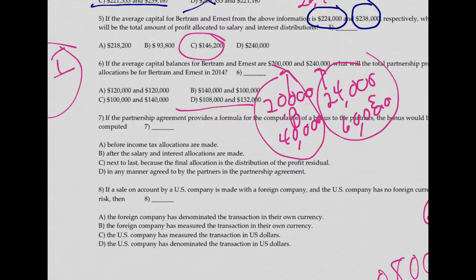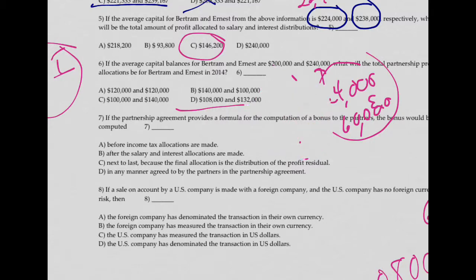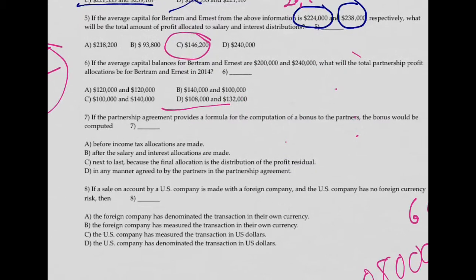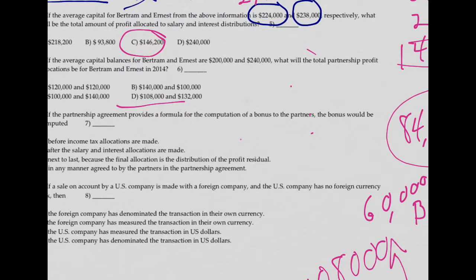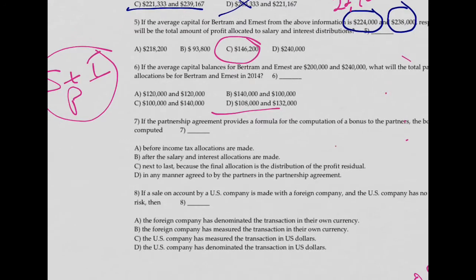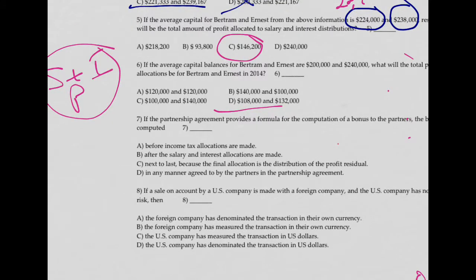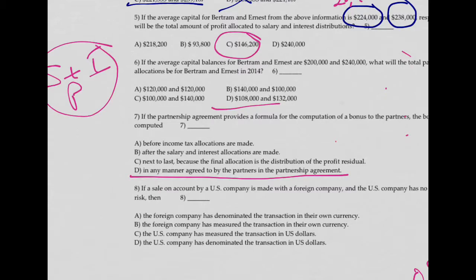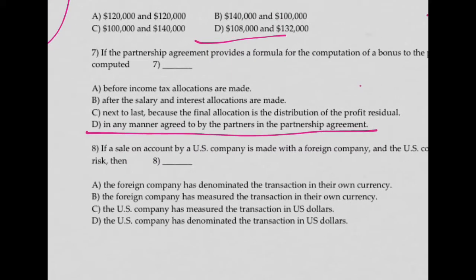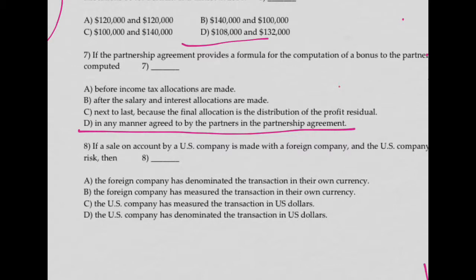One of the beauties of partnership workings is that if the partnership agreement provides a formula for the computation of a bonus, the bonus would be computed according to whatever we want it to be. D. Again, if you're not sure of that, go back to the text and take a look there, but that's the beauty of partnership accounting and dealing with partnerships.